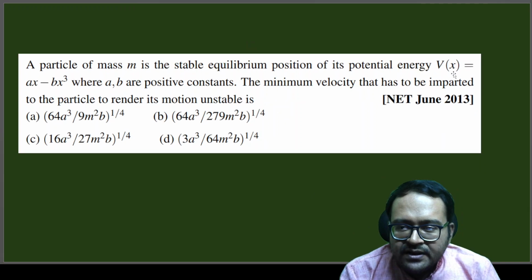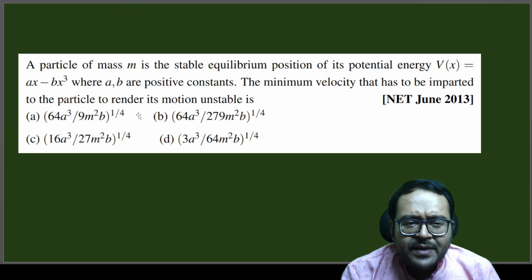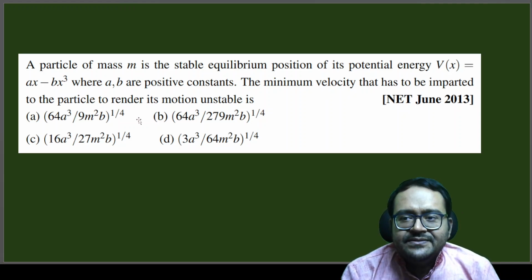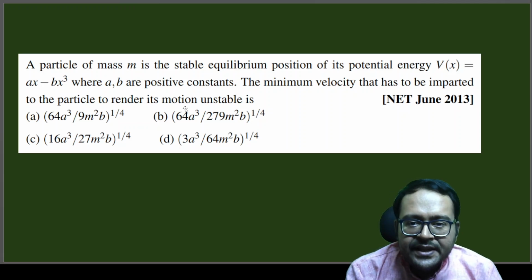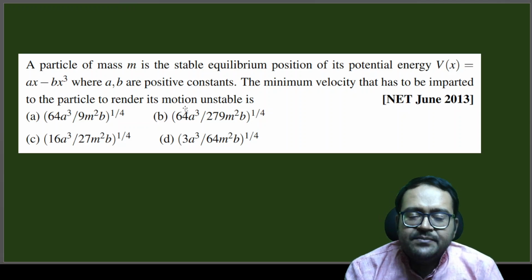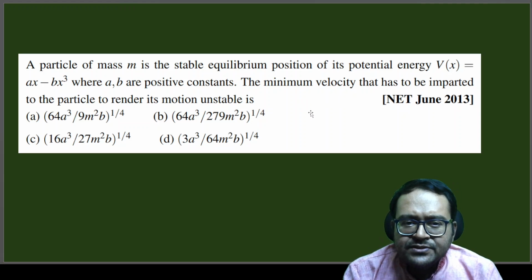They're given a potential. Here the potential is ax minus bx cube. And here the minimum velocity that has to be imparted to the particle to render its motion unstable. So it is not a frequency finding problem. It's a minimum velocity. Where is the top of the potential?